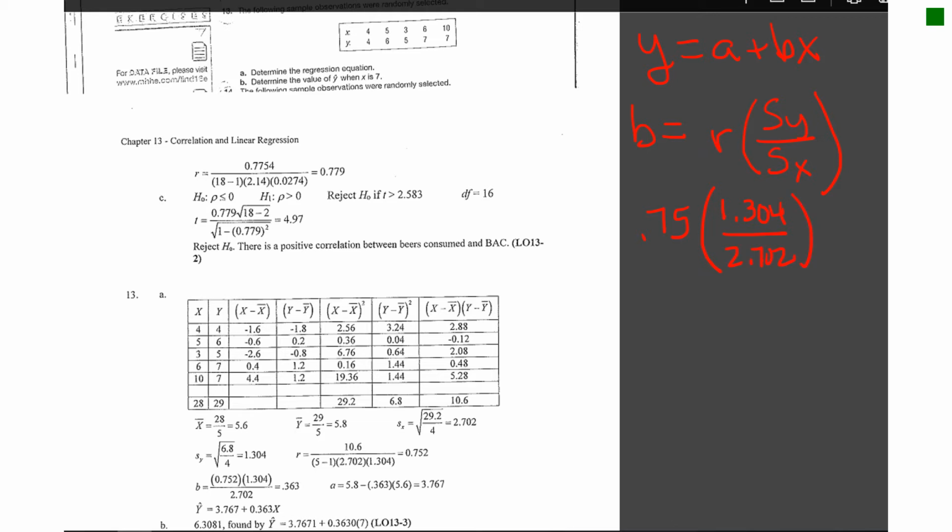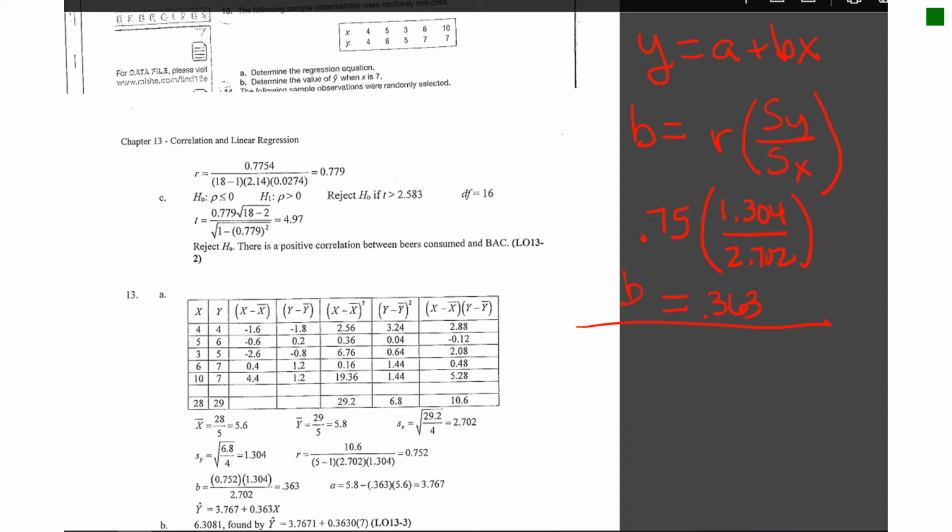And again, if you go back to exercise number 1, I think they rounded a little bit sooner than this one. Don't let that mess you up. If you calculate that, that's going to give you a slope of approximately 0.363. So that's going to be the b value.